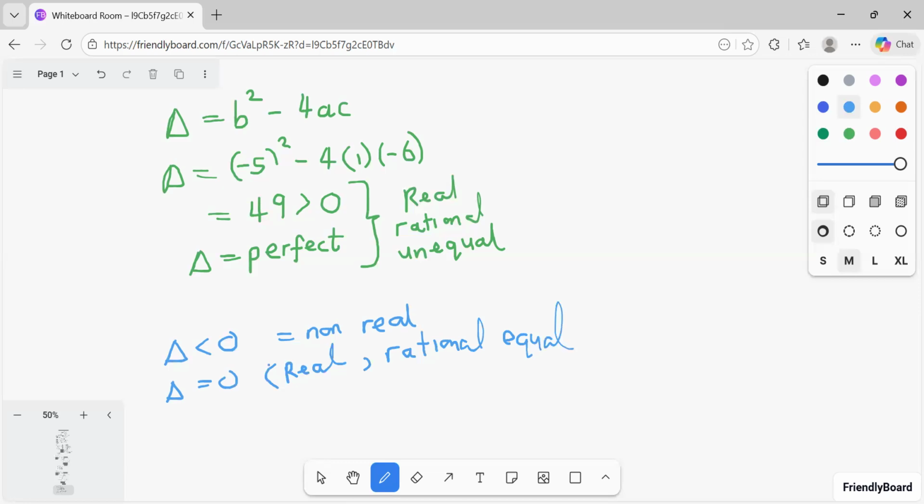What if delta is greater than 0, and delta is a perfect square? It simply means that the nature of roots are going to be real, rational, and unequal.